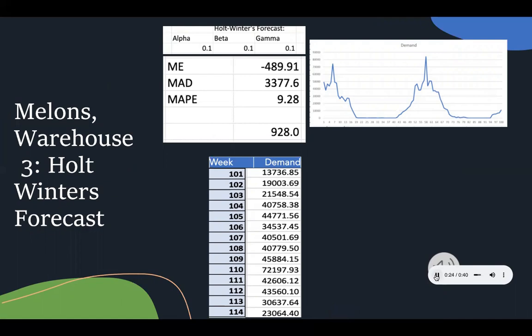After using the Holt Winters method, my ME was negative 489.9 and my MAD was 3,377.6.